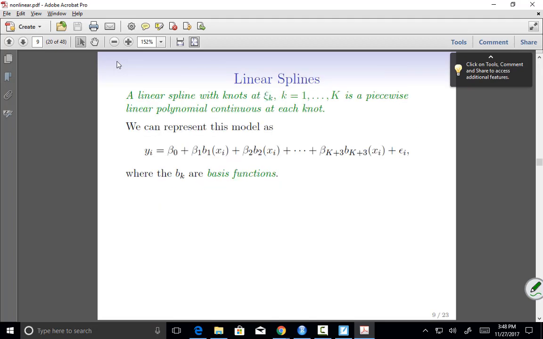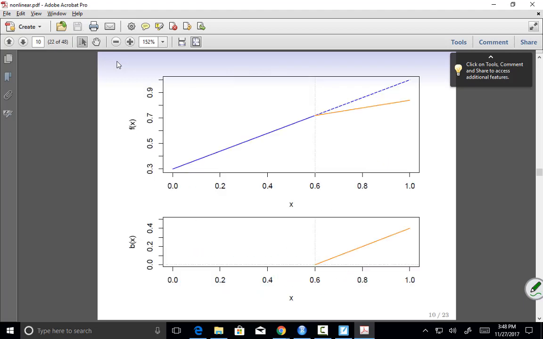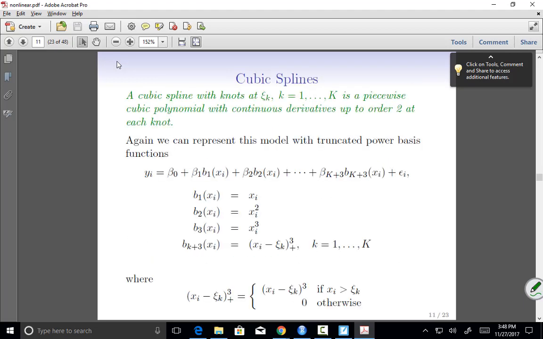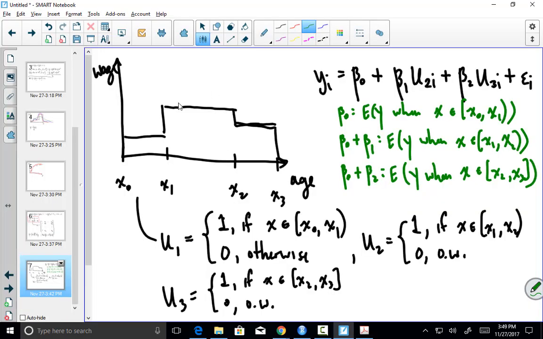like splines. We don't have time to go through splines in great detail, but I will review it a little bit on Wednesday. Splines and generalized additive models. So think of the splines and generalized additive models that are coming as more sophisticated versions of step functions. Hopefully it's kind of intuitive that you can see how to do the step function thing.